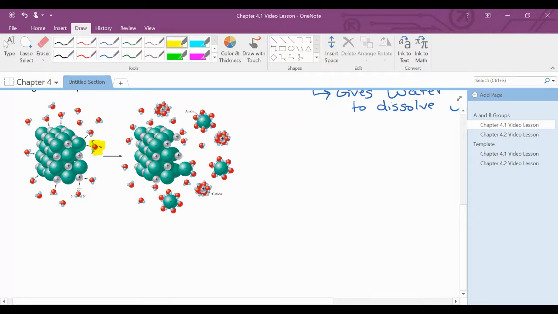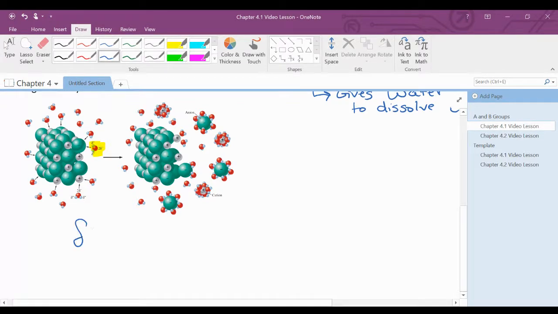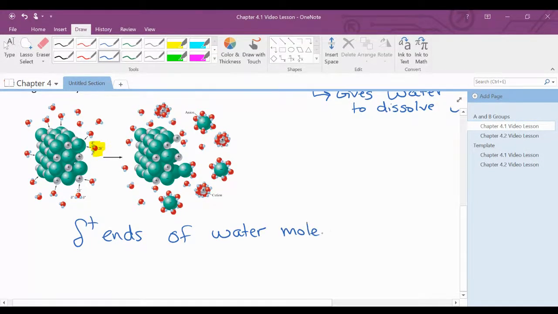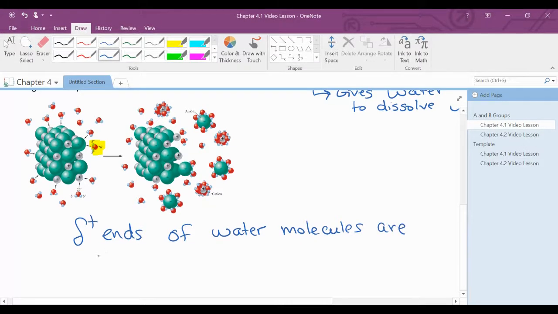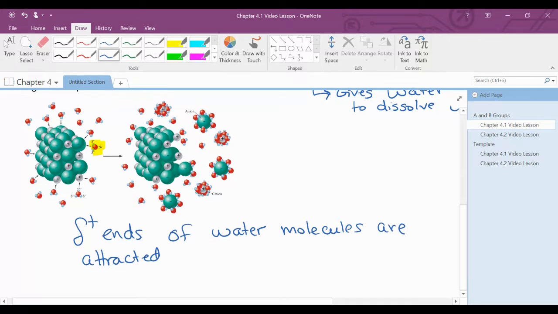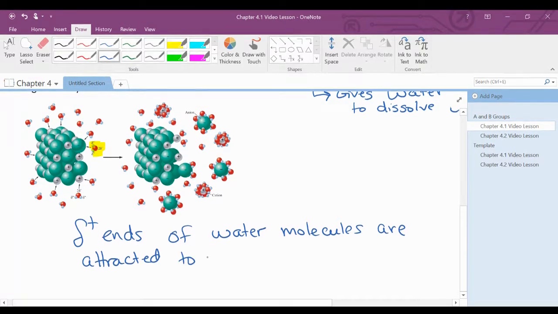And so when hydration takes place, the partial positive ends of water molecules are attracted to negatively charged ions.